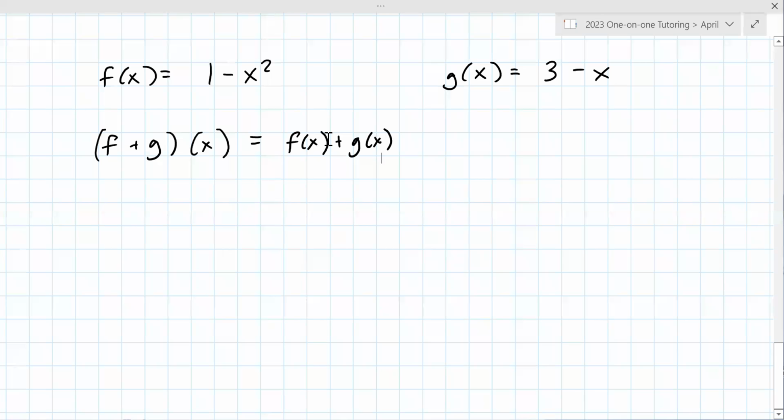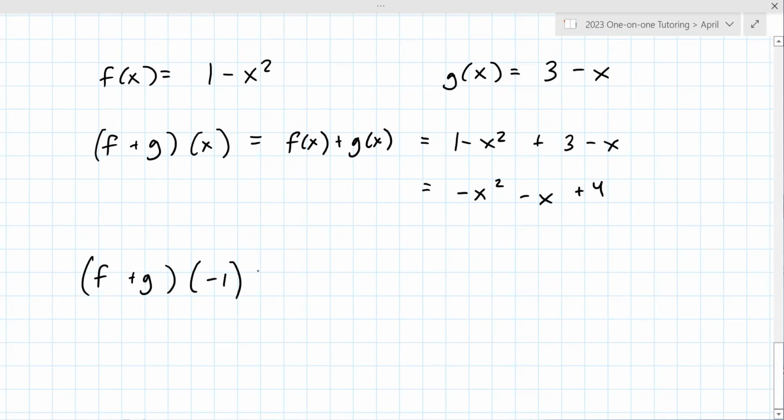Okay, so we're going to take 1 minus x squared, and we're going to add 3 minus x to it. Combine like terms, the 1 and the 3, maybe reorganize it so that it's in descending order. Something like that. All right. Now, let's say I wanted you to find f plus g of -1.